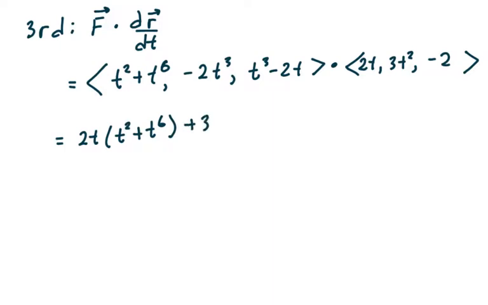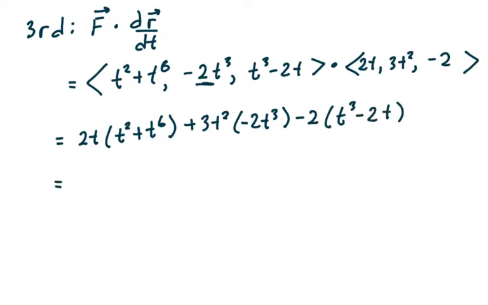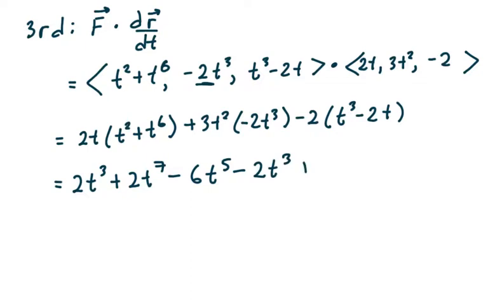I'm going to take 3t squared and multiply that by negative 2t cubed, minus 2 times t to the third minus 2t. And so this is 2t cubed plus 2t to the 7th minus 6t to the 5th minus 2t to the 3rd plus 4t.